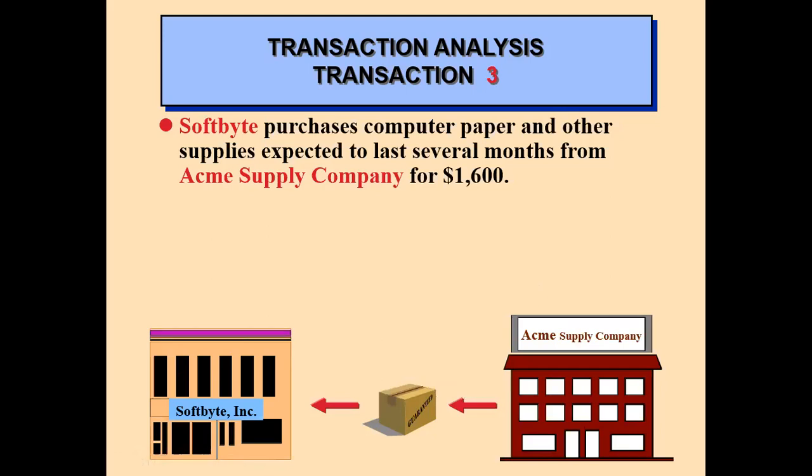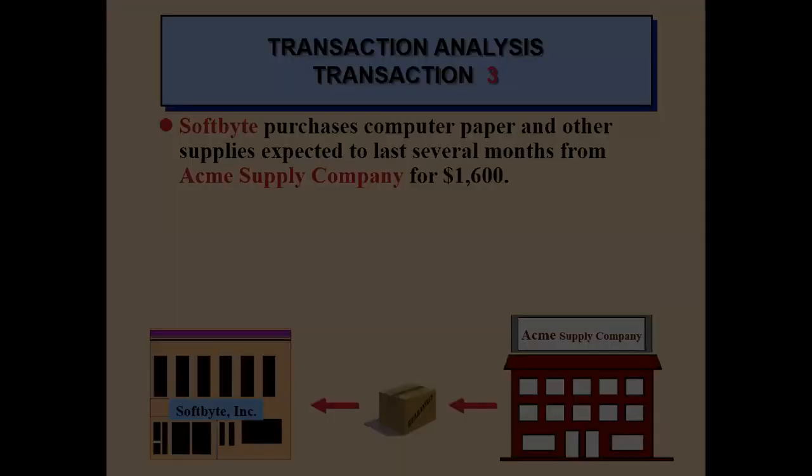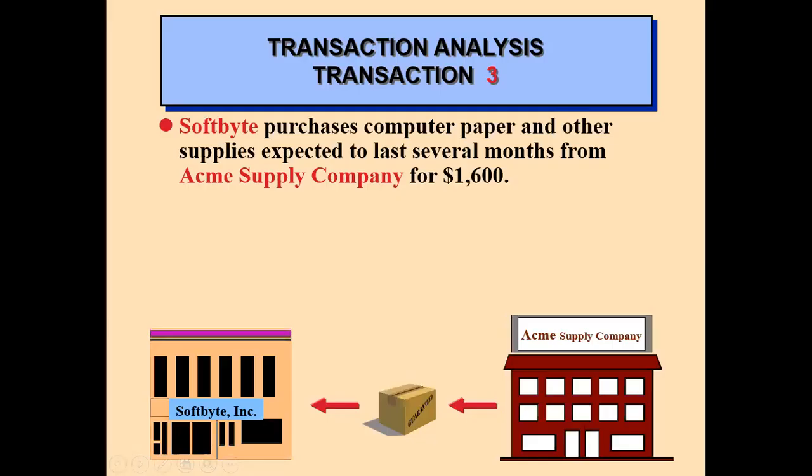Next, ShopBite purchases computer paper and other supplies expected to last several months from Acme Supply Company for 1,600. So this is supplies.